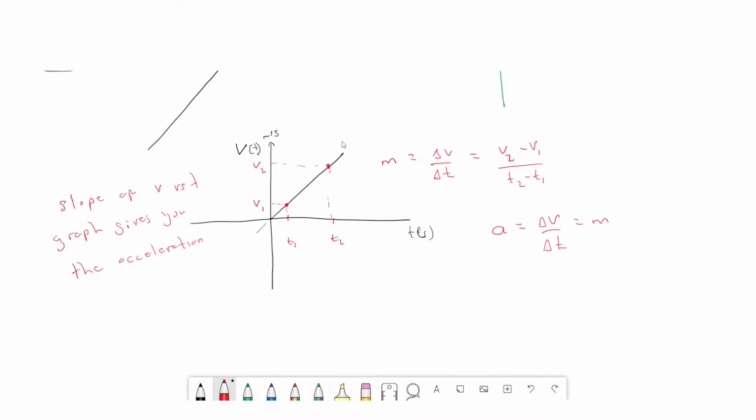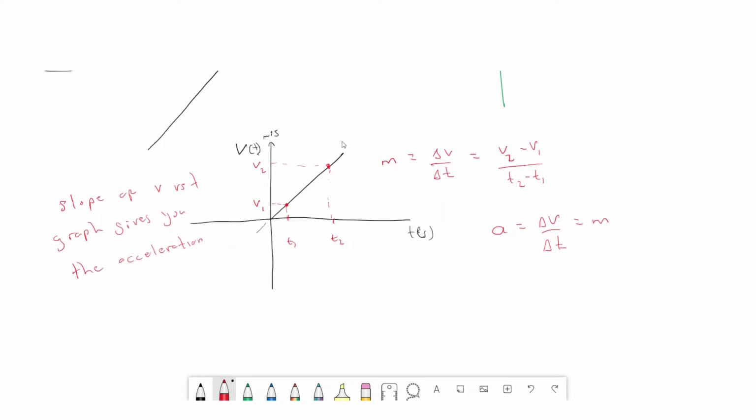So now I'm just going to combine everything and talk about how you link, for instance, increasing distance, and then how you draw the velocity time graph, and what the acceleration time graph of that instance looks like.